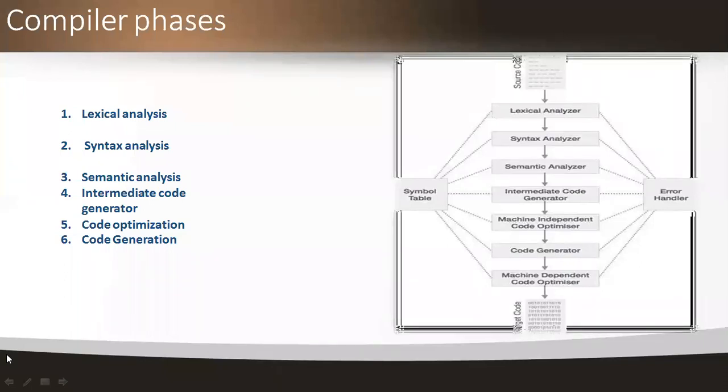This is the definition that we already learned in the last classes. And then I'm going to explain each and every phase in detail with an example. First I will show an example, then again we'll come back to the context of each phase.